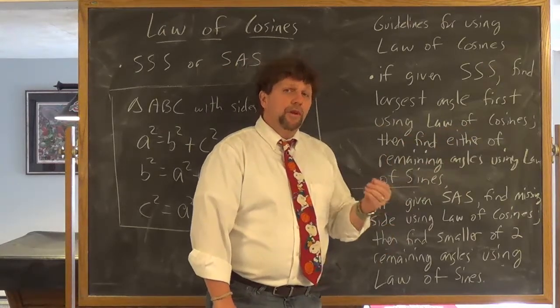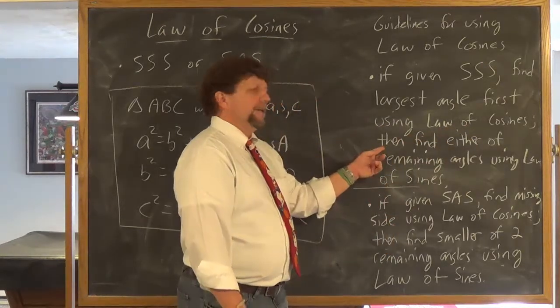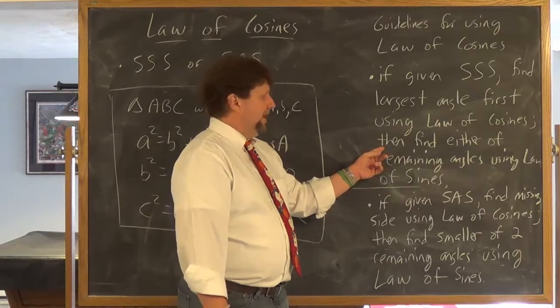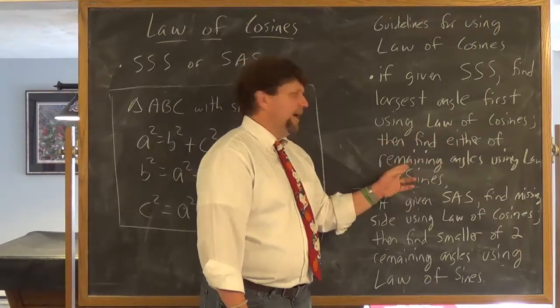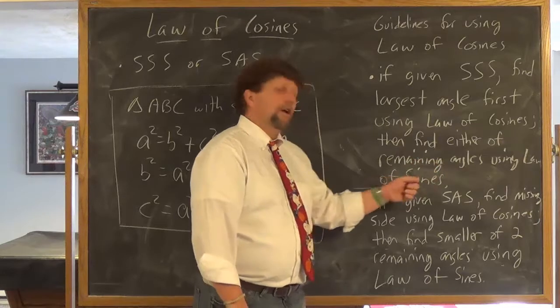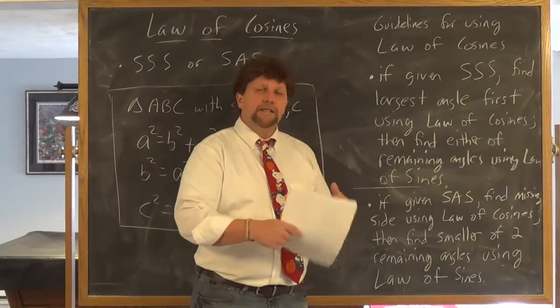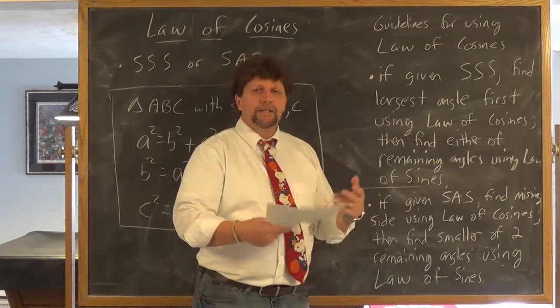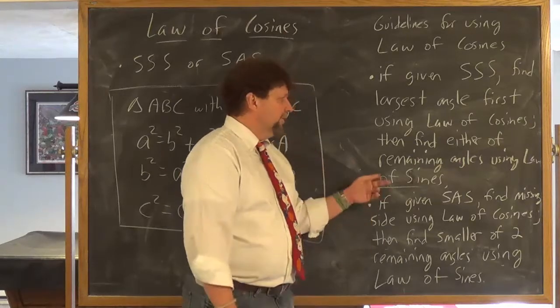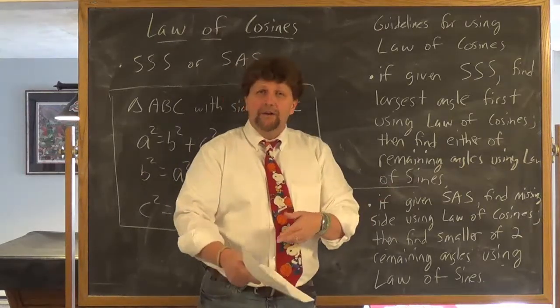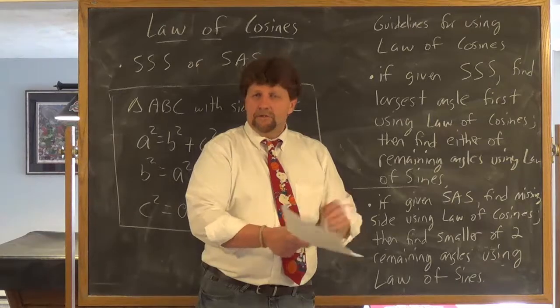Once you know the largest angle, you have two more angles left to find. Find either of the remaining two angles using the law of sines. The law of sines is an easier formula to use. And then of course you'd get the third angle by adding the two together and subtracting from 180.